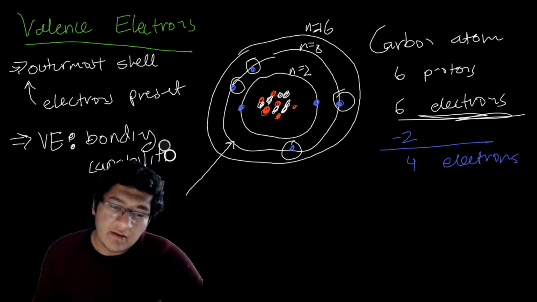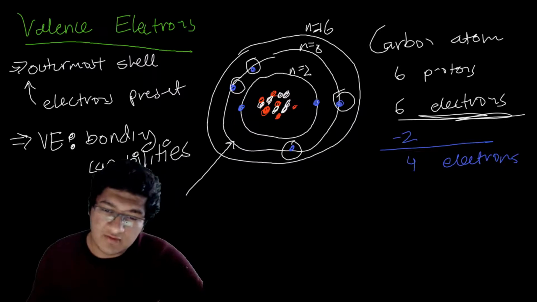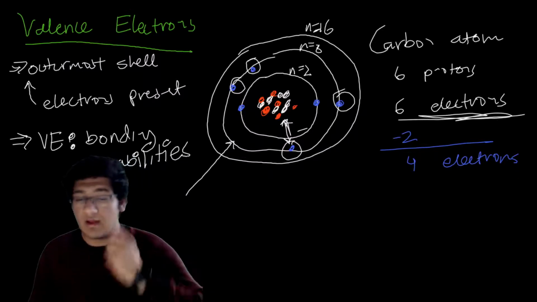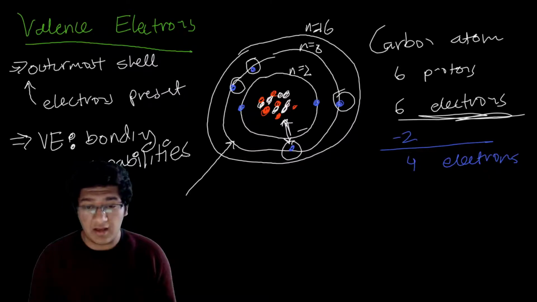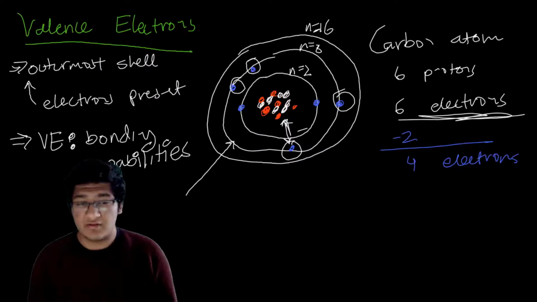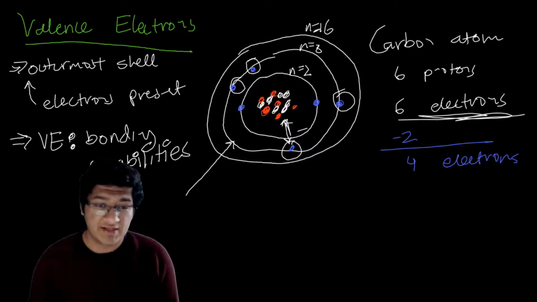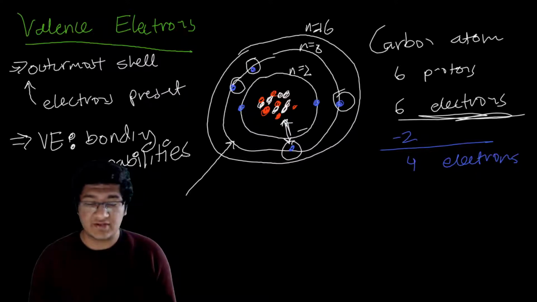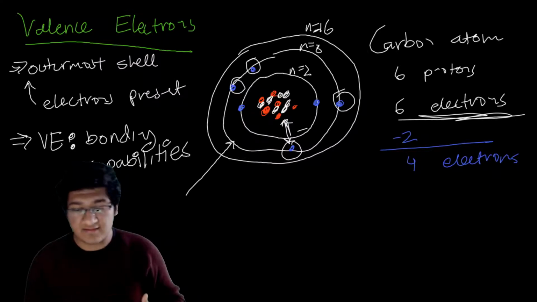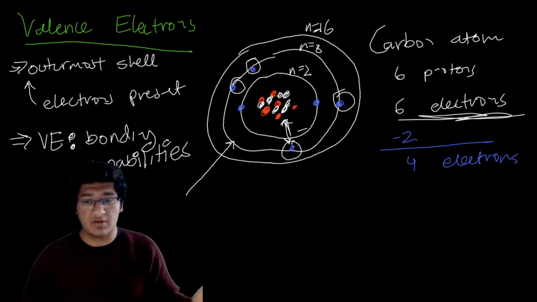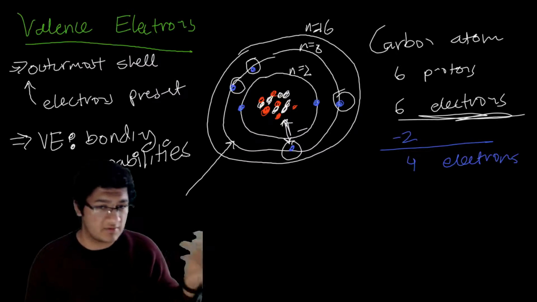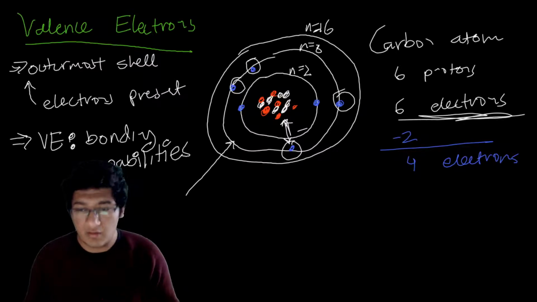And why is that? Since it's further out from the nucleus, there's less of a force acting between this and that, which is actually a Coulombic attraction between the positive and negative. Since there's more distance between them, there's less of an attraction, so it's easier to leave that subshell and either be transferred or be shared between 2 other subshells, which would result in either an ionic or covalent bond.